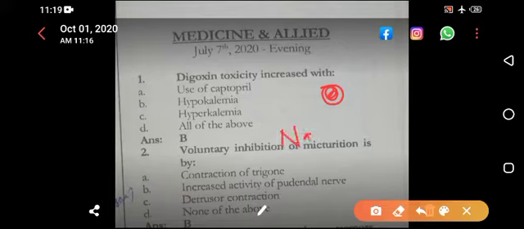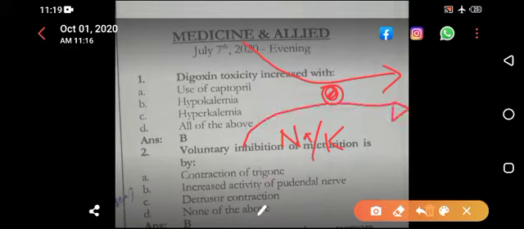This pump is also used by potassium, so potassium enters into the cell through this pump, while the digoxin also enters through this pump. Now if there is more potassium bound to the receptors, there will be less digoxin binding to the receptors. So hyperkalemia actually decreases digoxin toxicity.